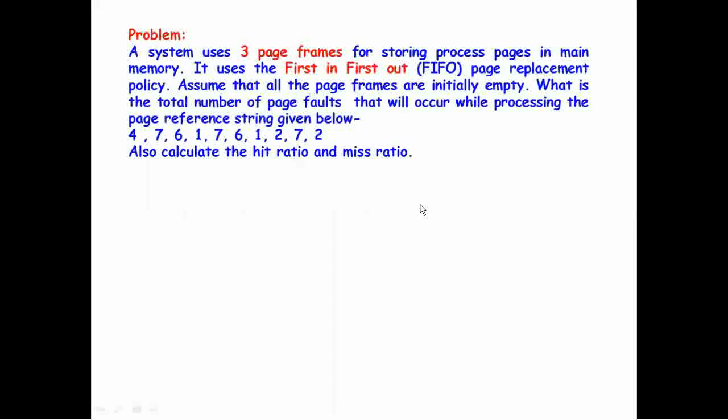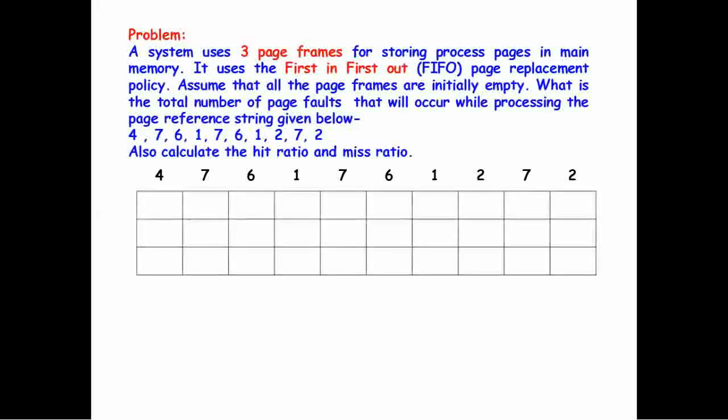The page reference strings given are, these are all the reference strings. 3 page frames were given. Initially, the 3 page frames are empty. These are all the 3 page frames.